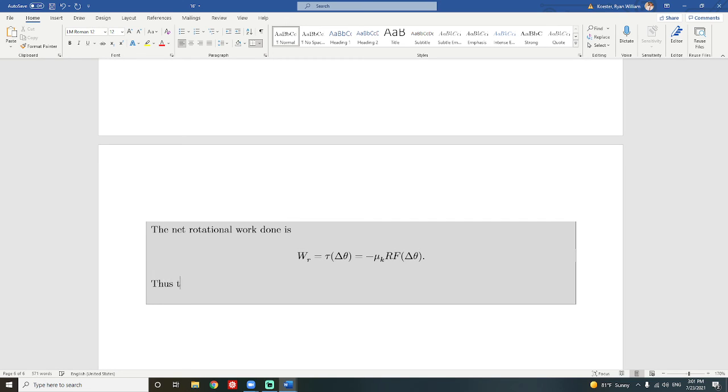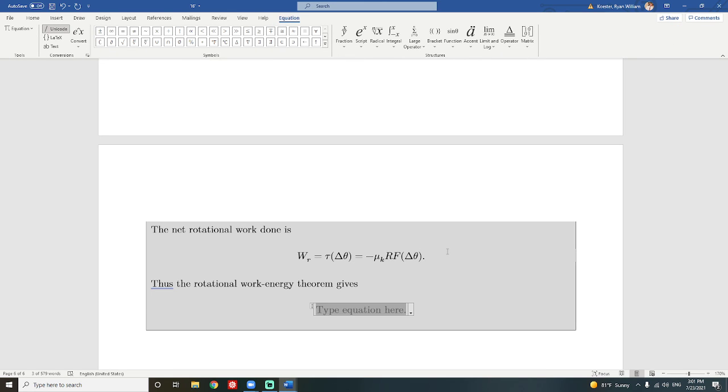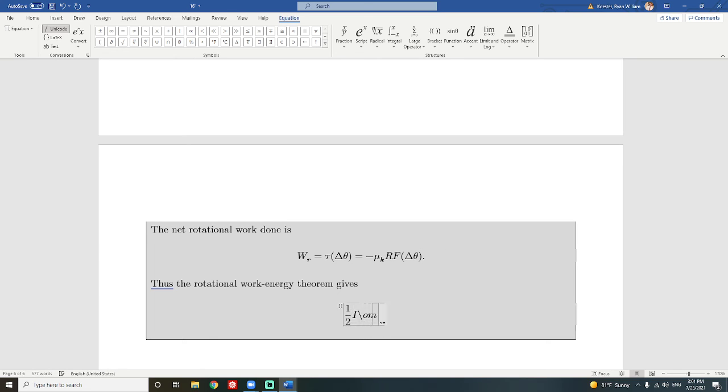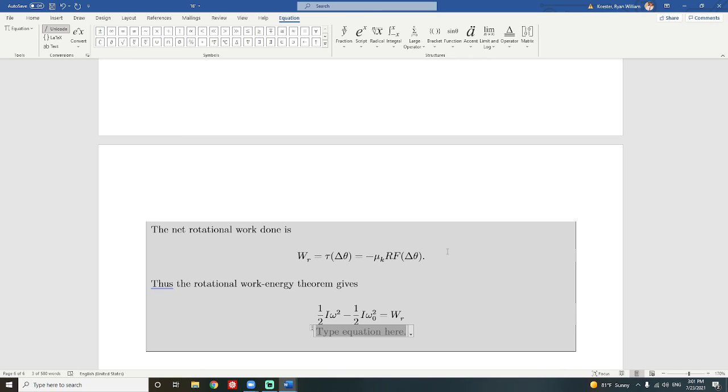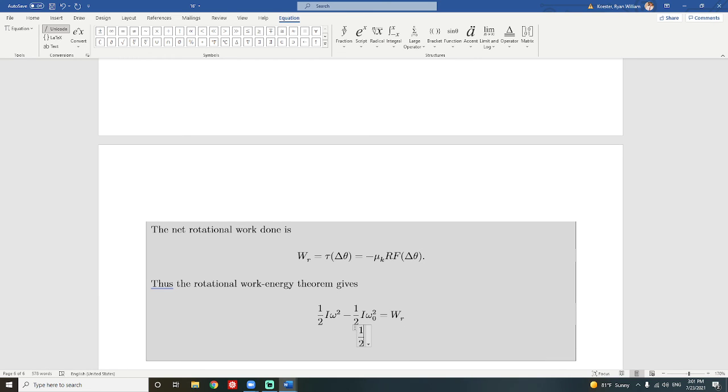Let me say thus, the rotational work energy theorem gives, and I'll write it out generally first. Recall, it's going to be 1/2 I omega squared minus 1/2 I omega naught squared, and this equals the rotational work. And now we fill this in. Well, 1/2 is just a numerical constant.